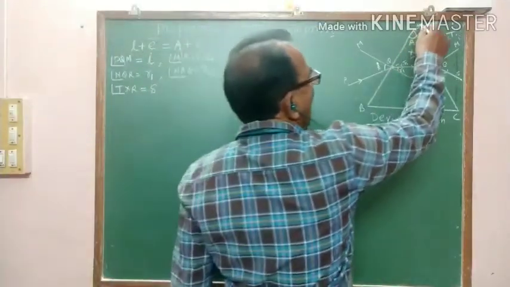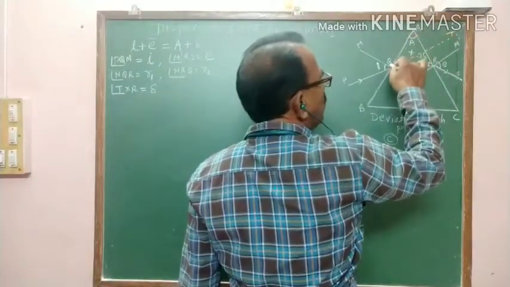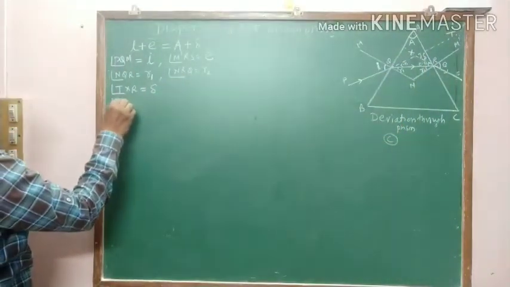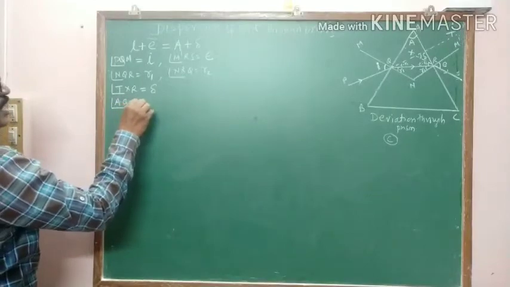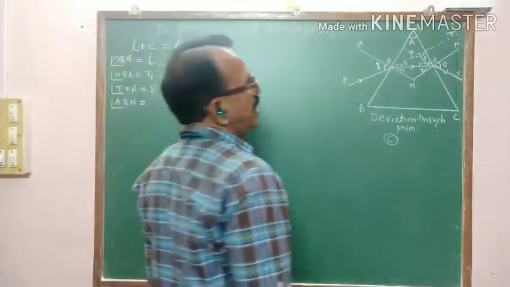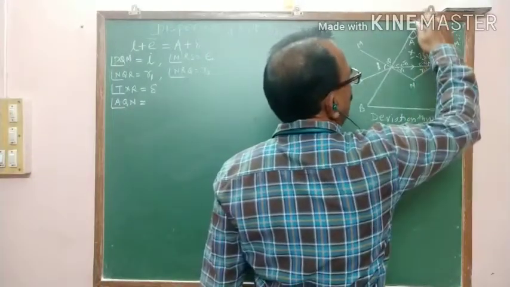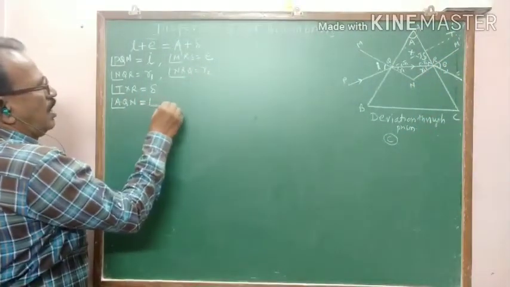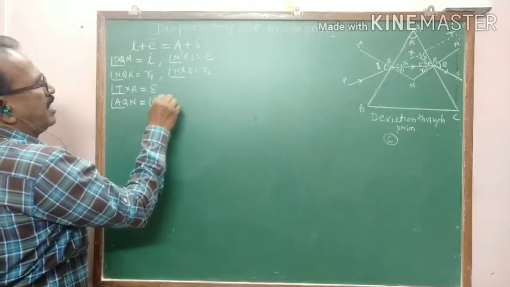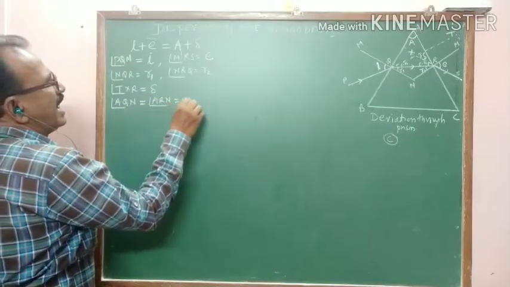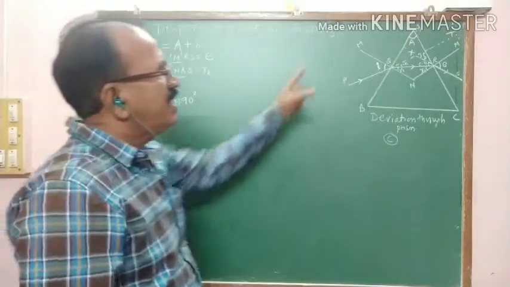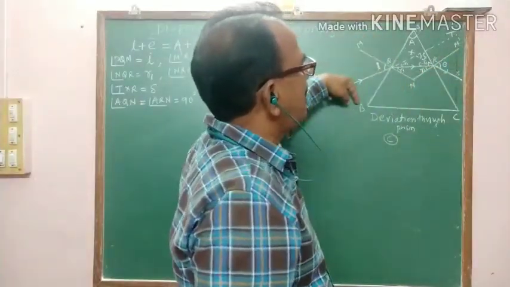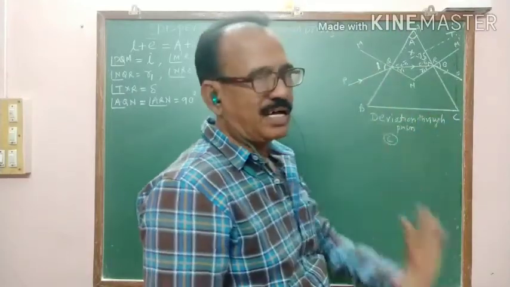Now after this, angle AQN is equal to angle ARN, which is 90 degrees, because MN and M'N are perpendicular to the surfaces AB and AC respectively.